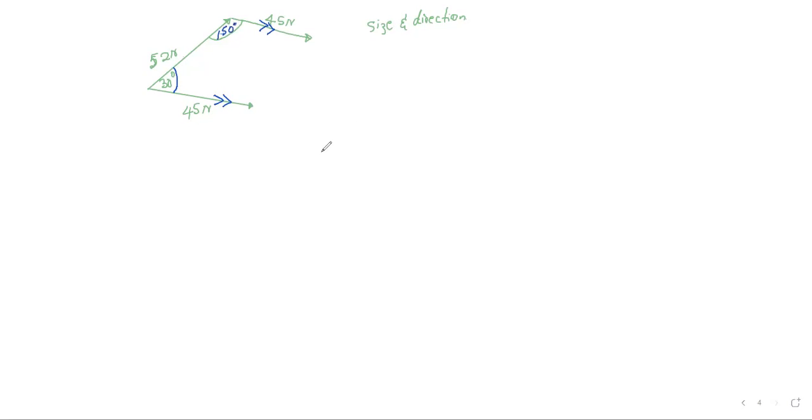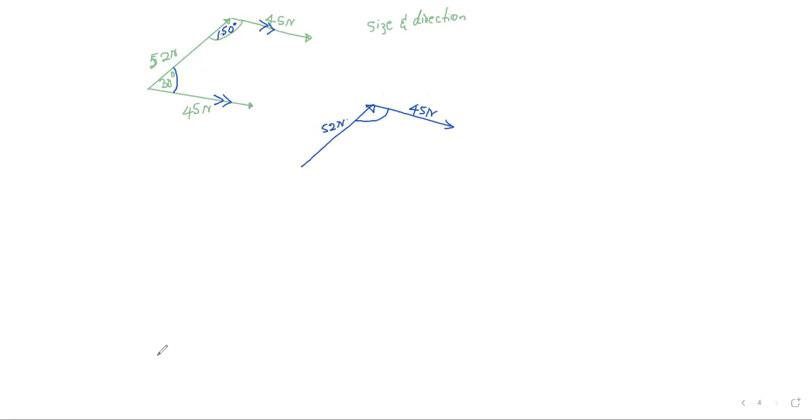So basically, you can take your ruler. If you are given a scale, you take your protractor, you measure here 150 degrees, then you'll have 45 newtons there. If you are using a scale, you have 52 newtons here.